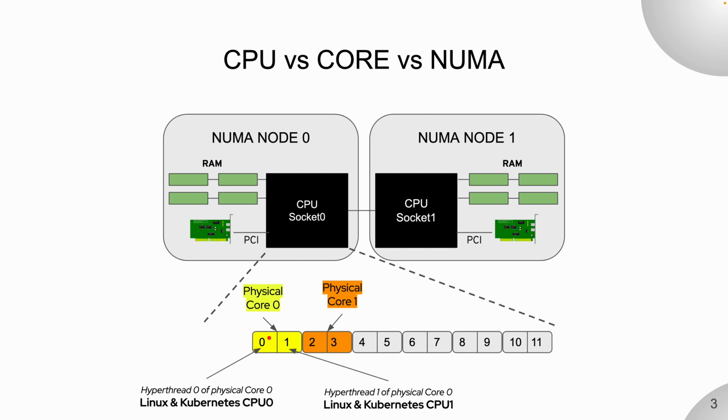So it's not something that is visible. In order to manage this kind of locality, you need to use CPU manager, topology manager, and NUMA-aware scheduler features, which are orthogonal to this presentation. Here we're going to focus on Linux CPU.